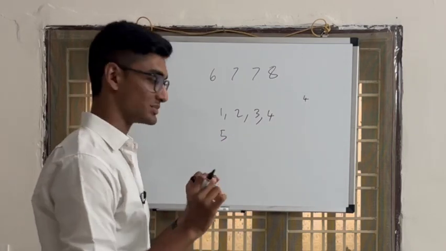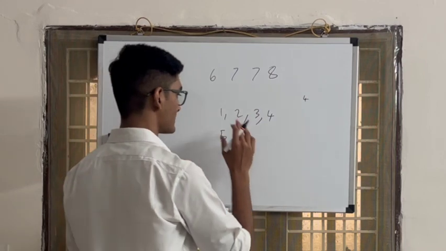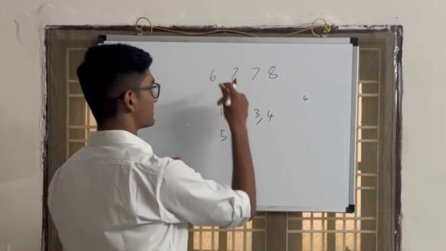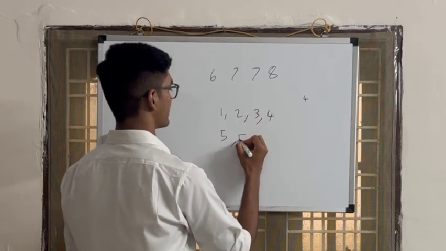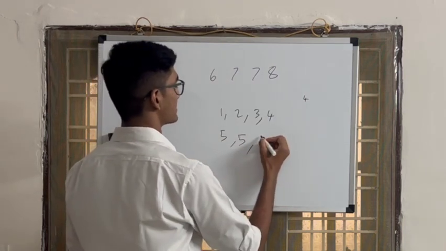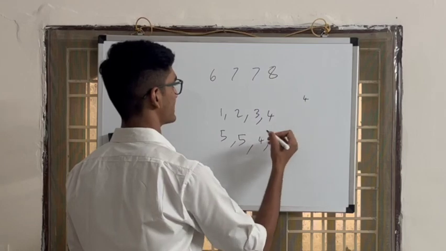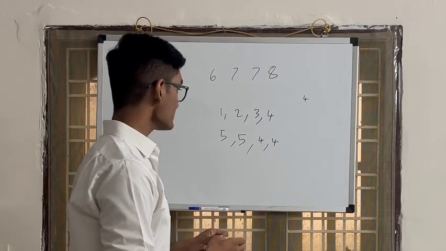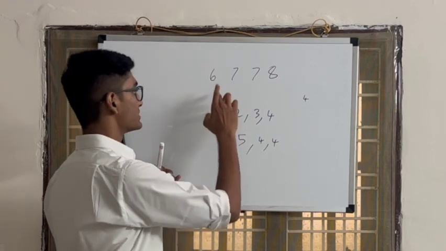Let me explain to you what that means. Basically, for example, for this one it's 7, 5, and for this 4, right? The best way to explain this is, if you look at this, the difference between 6 and 1 is 5.